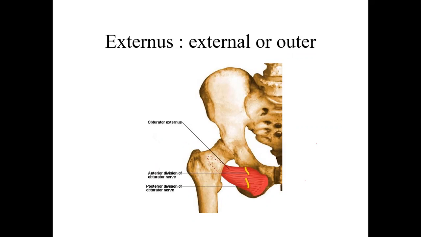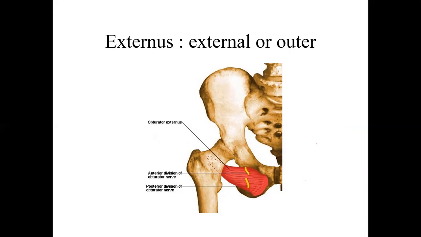Externus is the Latin term for external. And that's why these are all pronounced the way that they are, because these are Latin terms. And Latin terms ended in primarily US or IS, and that determined the feminine or masculine version of the word. So externus, shockingly, means external.